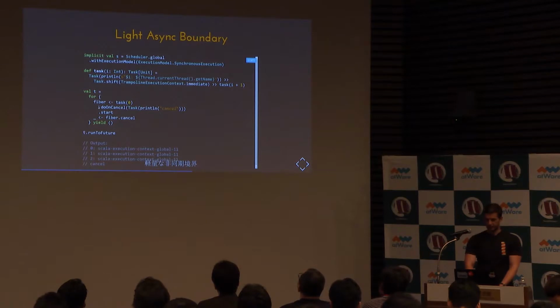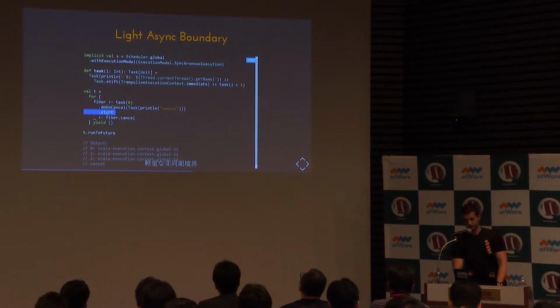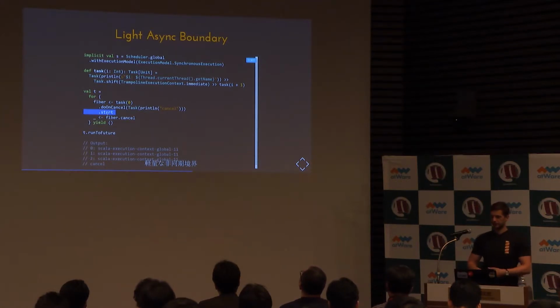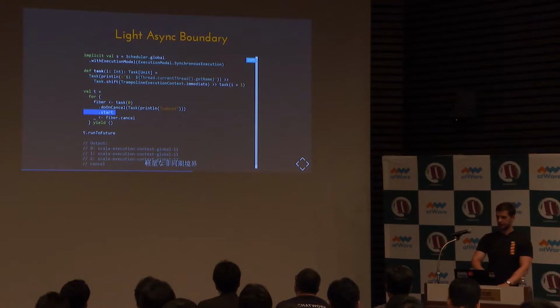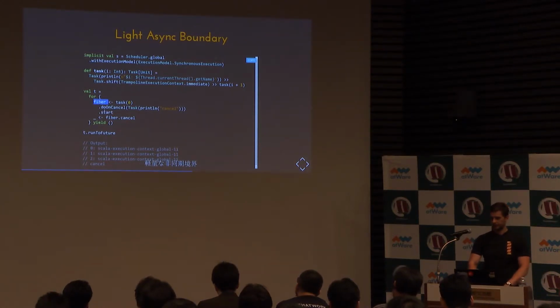Then we define a task that, first of all, we just print something when it is cancelled. And this start thing is not about starting execution of a task, but it means that it will return some fiber. You could think about a handle.